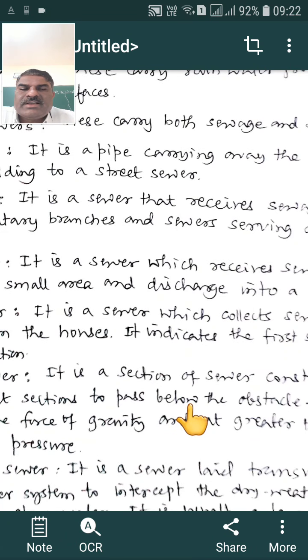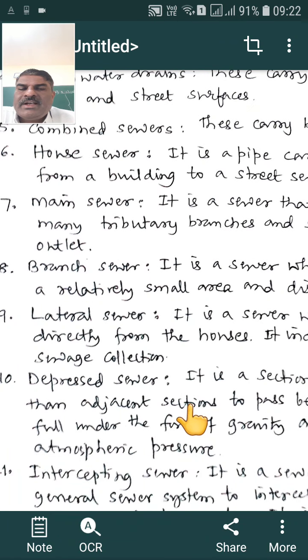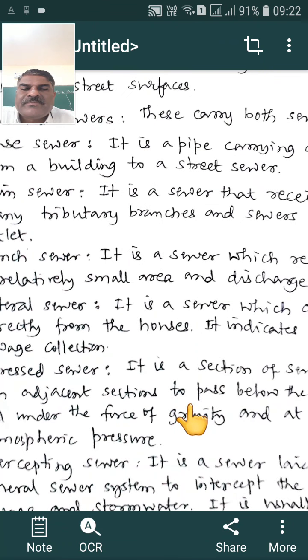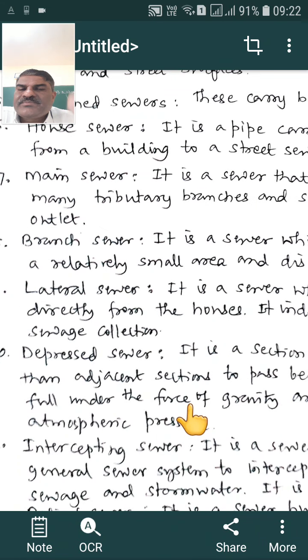It is a sewer that receives sewage from many tributary branches and sewers, serving as an outlet. So all the street sewers, and if any crossroad comes, the branch will come from that. Such an arrangement is referred to as a main sewer.